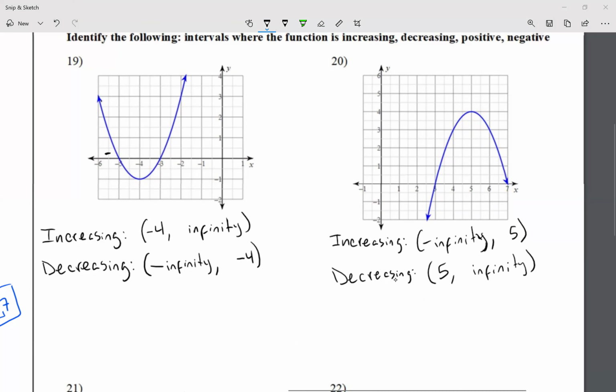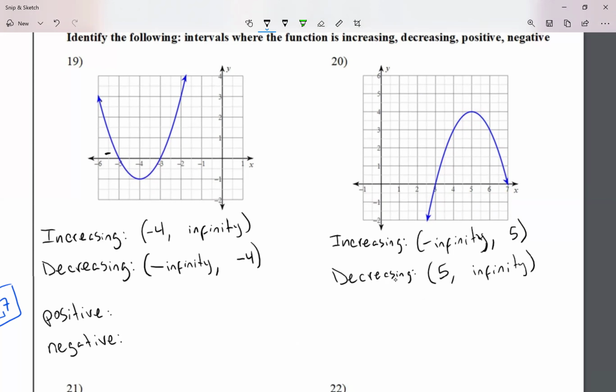So let me write here, positive, negative. Now here I'm looking at the y values. So I'm looking at the y-axis only.